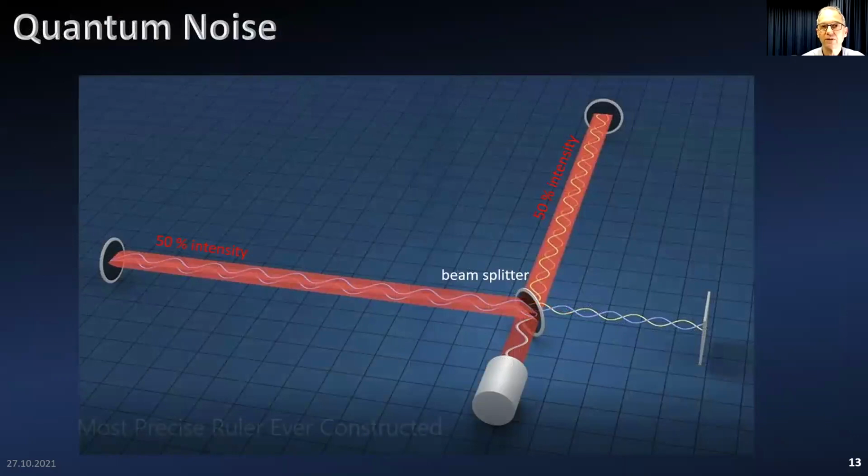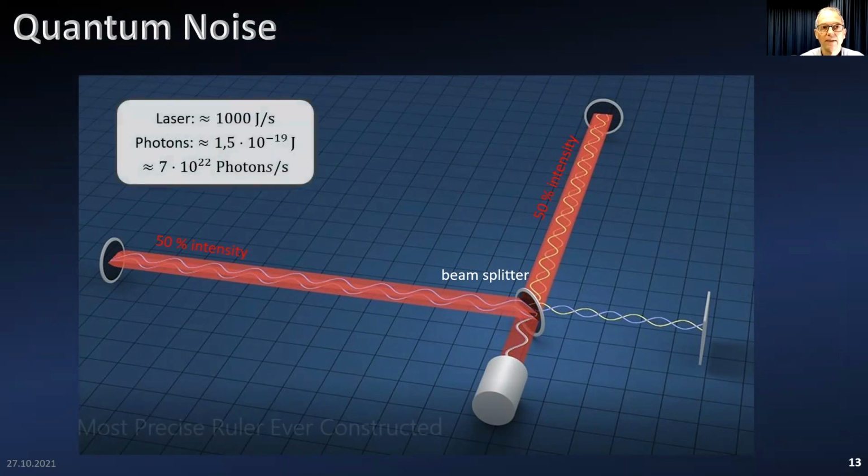Go back to the picture of the interferometer. In the center is this beam splitter. The beam splitter splits the beam into two equal parts. Think about a laser beam: you can also think about it as a beam of photons, little units of electromagnetic light.